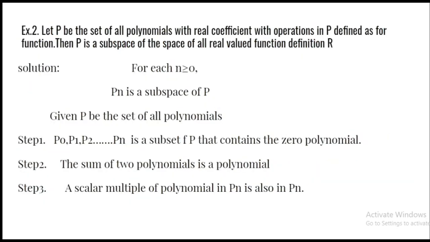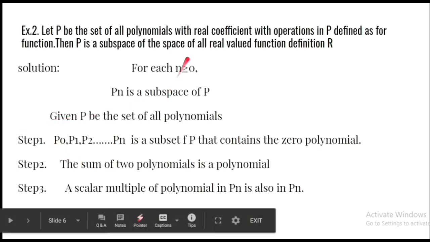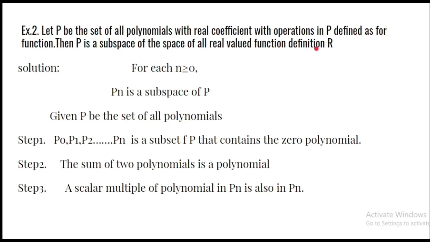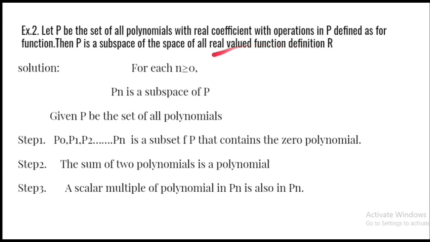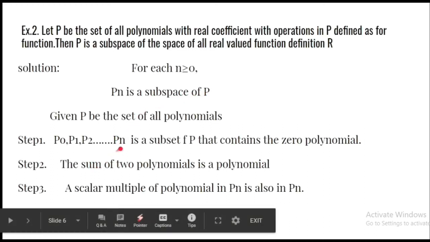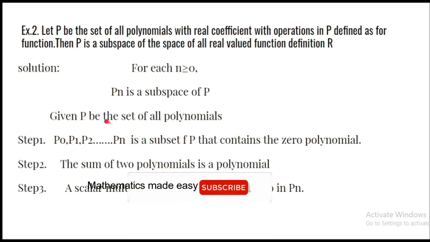Let us go for the second example. Let P be the set of all polynomials with real coefficients, with operations in P defined as per functions. Then P is a subspace of the space of all real-valued functions defined on R. So for each n greater than or equal to 0, Pn is a subspace of P. We are saying Pn is a subspace, meaning P0, P1, P2, P3, P4, all these are subsets of P. Now this capital P is the set of all polynomials.